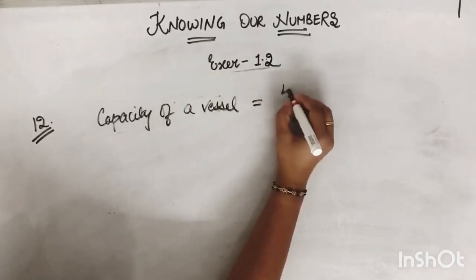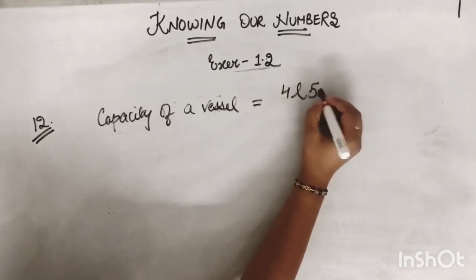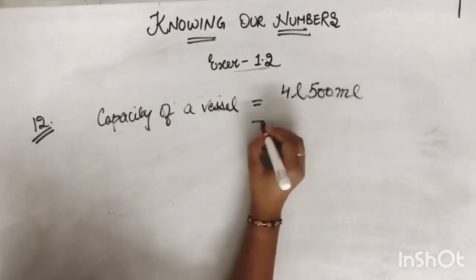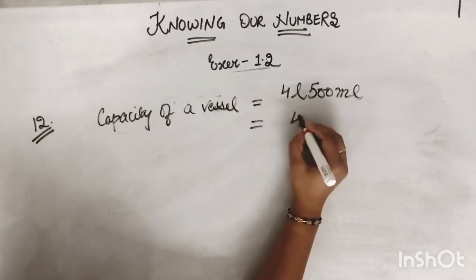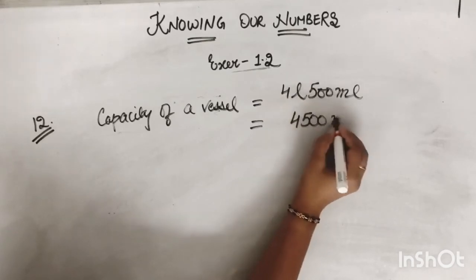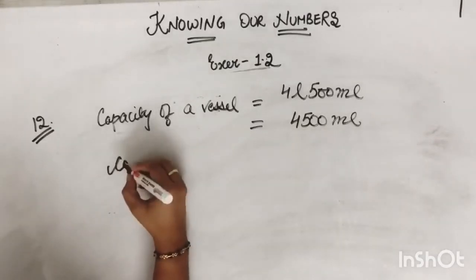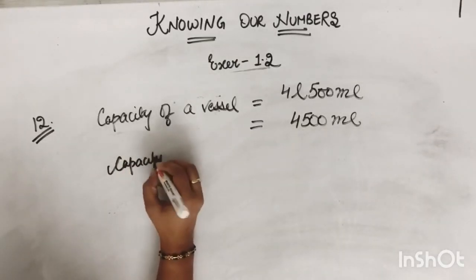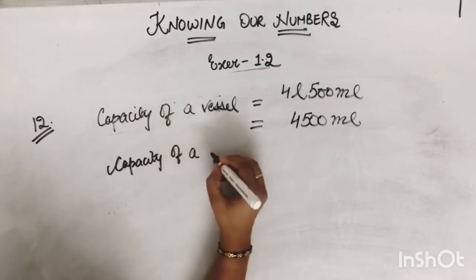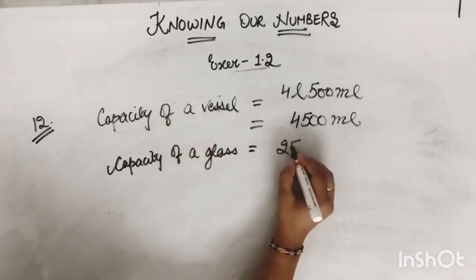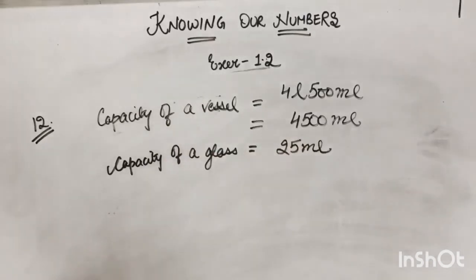Capacity of a vessel is 4 liter 500 milliliter. Converted into milliliters, it will be 4500 milliliters. Next, capacity of glass, 25 milliliter. What you have to find?